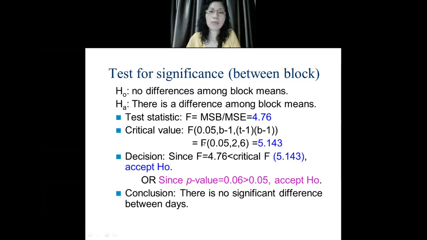So look up the F table, and it gives you 5.143. So we can make a decision: compare 4.76, which is less than the critical value. The calculated F value is less than the critical F value of 5.143. So we accept the null hypothesis and conclude that there are no differences among the block means.